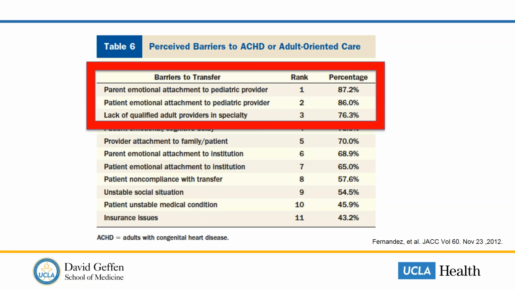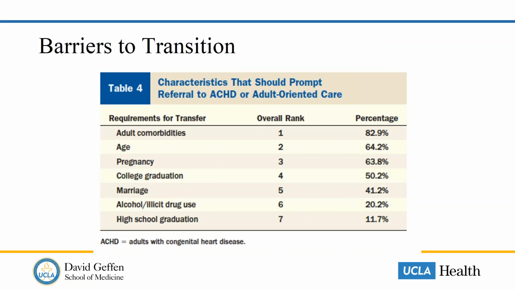And then the other thing that oftentimes we see is that there's a lack of qualified adult providers in a specific specialty. There are other triggers that cause pediatric specialists to often send patients over to the adult side. A lot of them include things like adult comorbidities or medical problems.